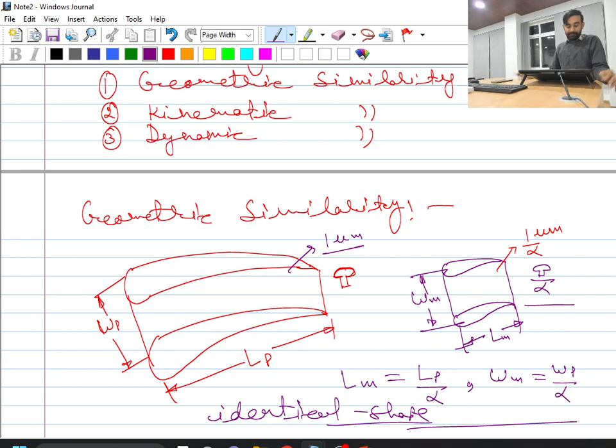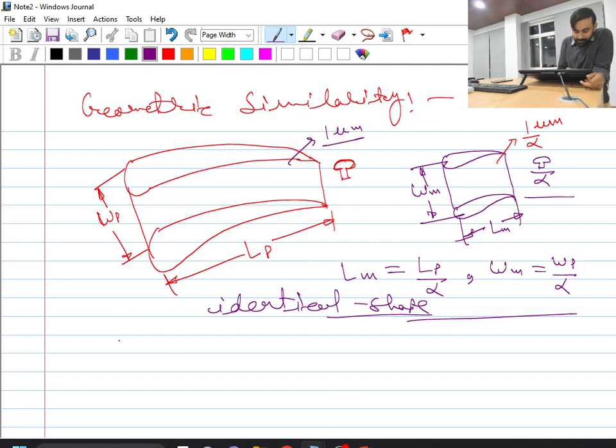Another important point we have to consider over here is the idea of a point which is typically called a homologous point. What is the meaning of homologous point?